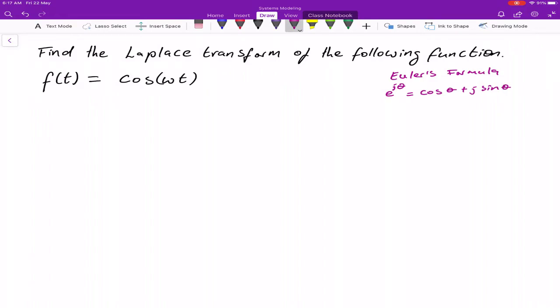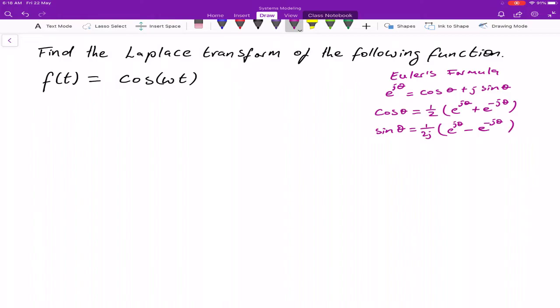So we can use cosine theta is equal to a half times e to the j theta plus e to the minus j theta. Also, sine theta is equal to 1 over 2j times e to the j theta minus e to the minus j theta.